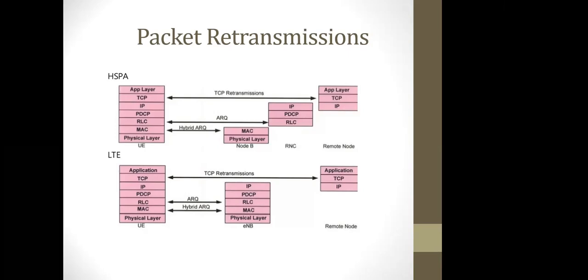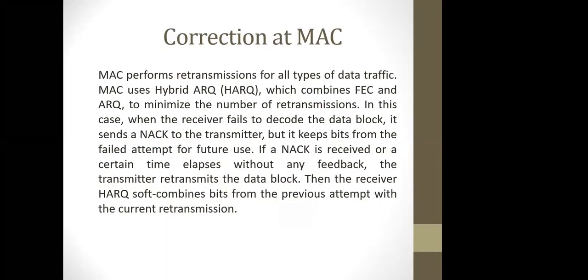For TCP, you may already have covered retransmissions in a different course last semester. But in the lower layers it tries to fix first. If it can correct at lower layers, then it will be more efficient.